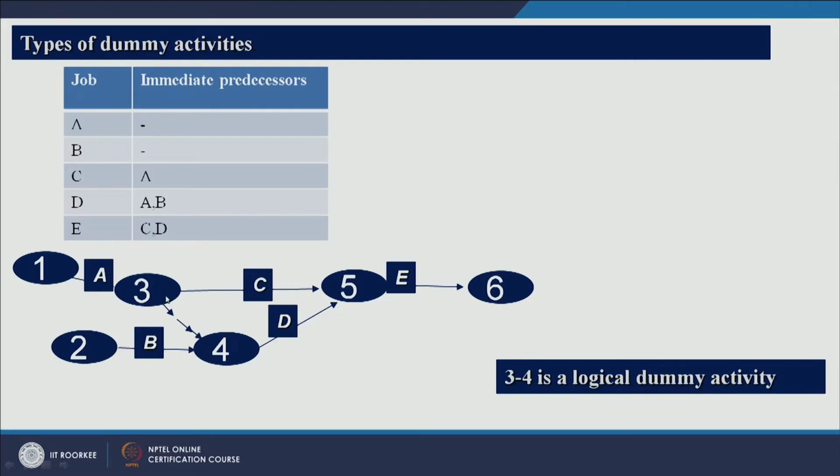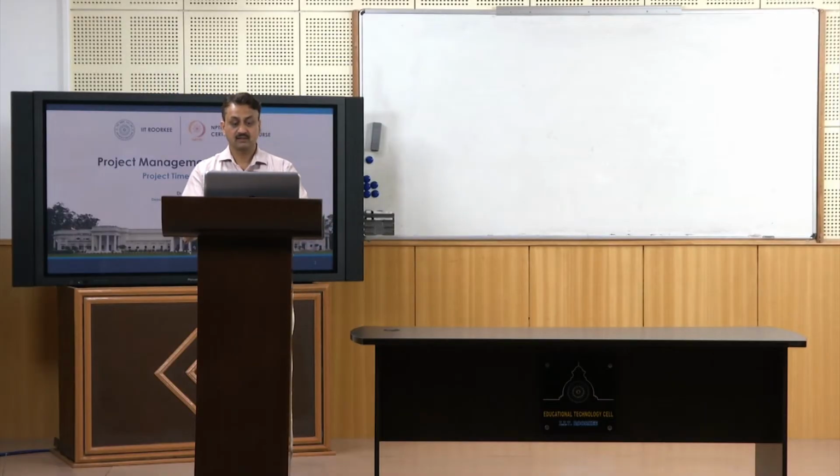Because we want to connect A and B with D. If you look at this job D, its immediate predecessors are A and B. So this is A and this is B, and this is the successor activity. So this is nothing but a logical dummy activity.